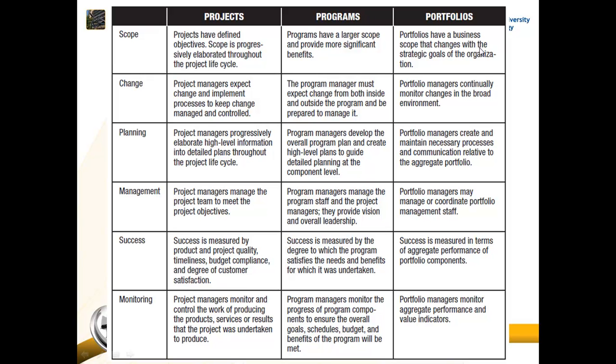And then portfolios have a business scope that changes with the strategic goals of the organization. So if we change our organizational strategy, then our portfolio and how we put the portfolio together will change. And you can go through all of these in terms of change, planning, management, success, and monitoring.